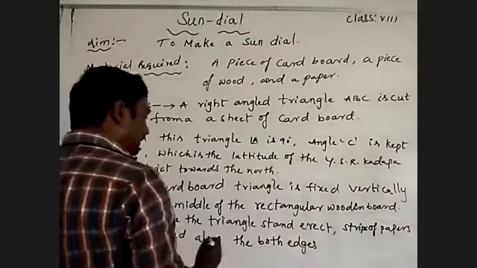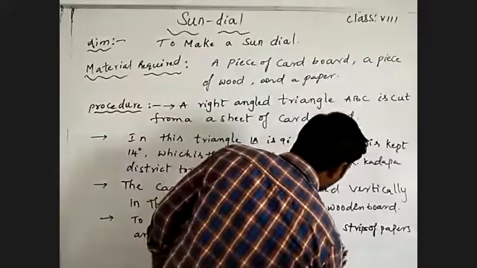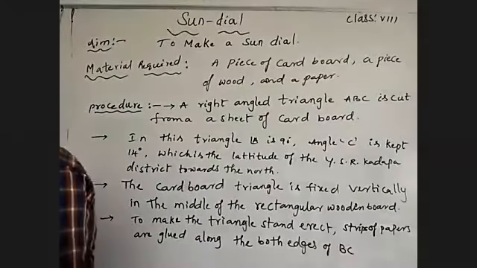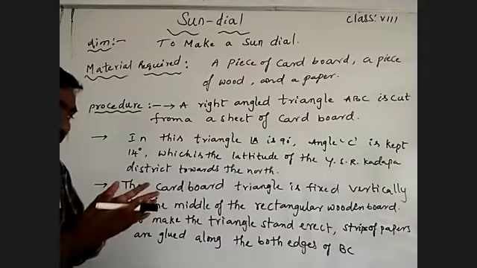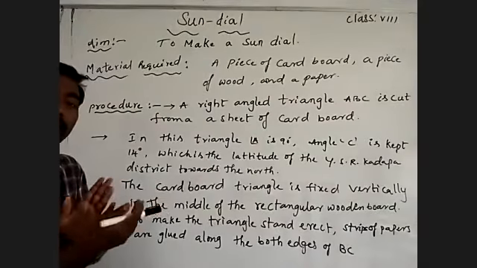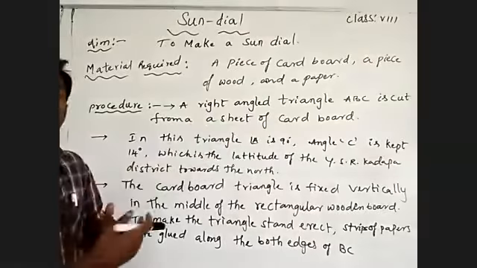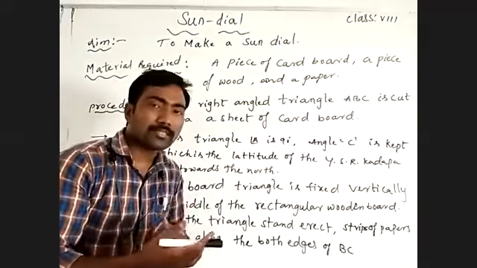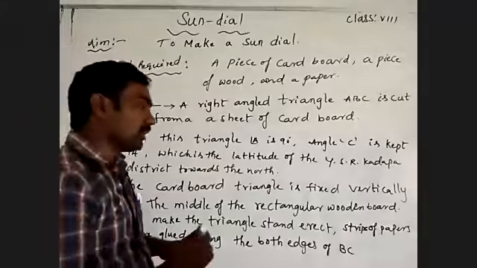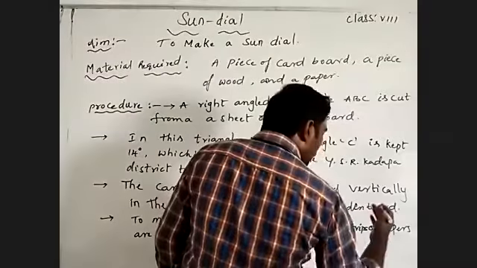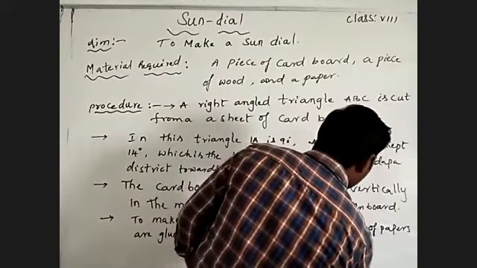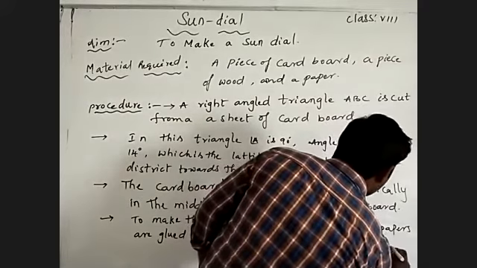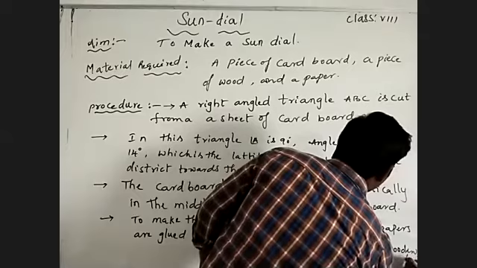How do we stick them along BC? We have to stick them to the right angle triangle base BC. B is towards the north and C is towards the south direction, on the cardboard or wooden base.